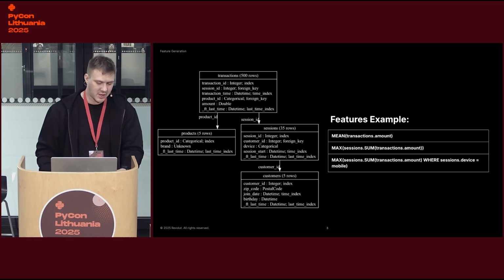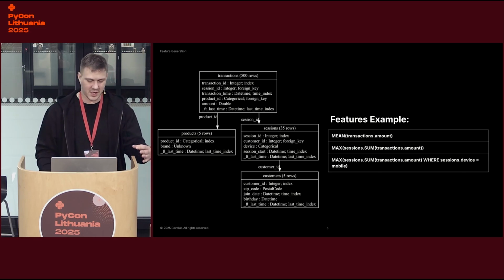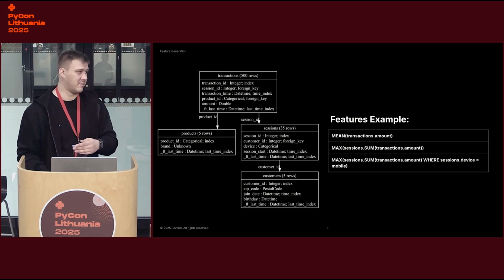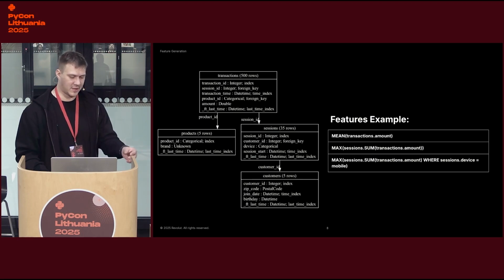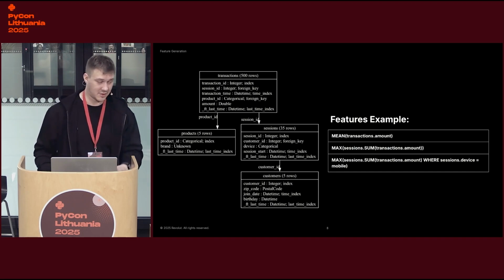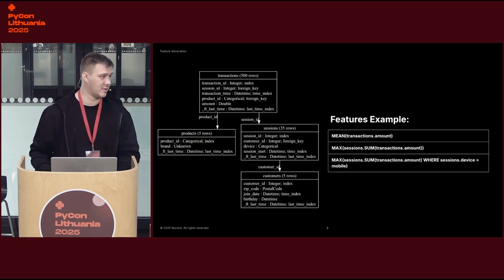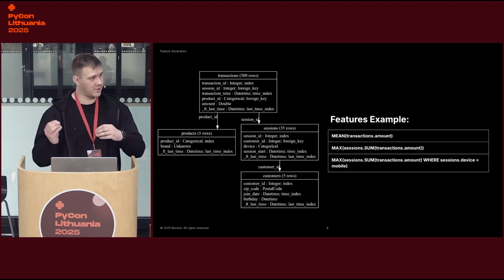If the transaction amount, if the device itself does not correlate with the target, but in the third feature we get the maximum transaction amount over all sessions where device is mobile, it already correlates. So this allows us to introduce, yes.